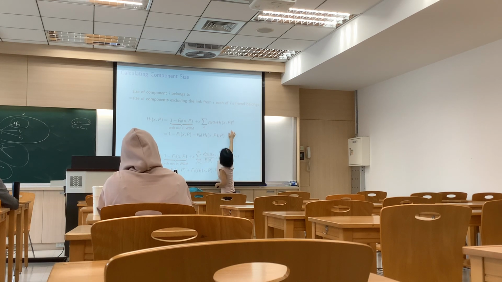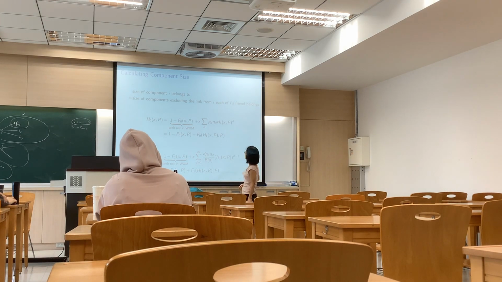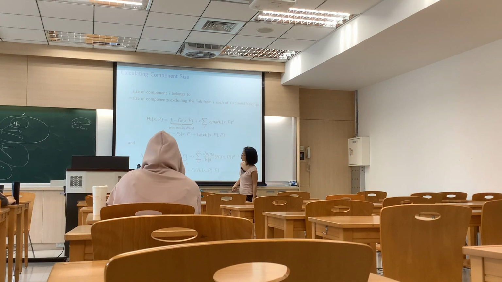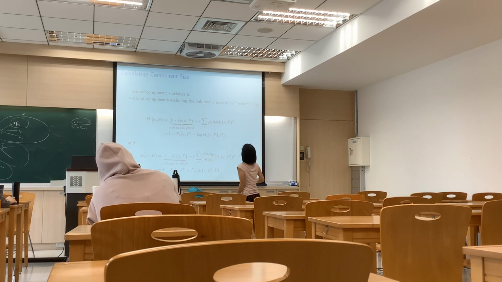Now this is the probability generating function of D times S delta. So with this probability, PDQD, I has D friends and is susceptible. Then you sum up the remaining component size of each of I's friends.